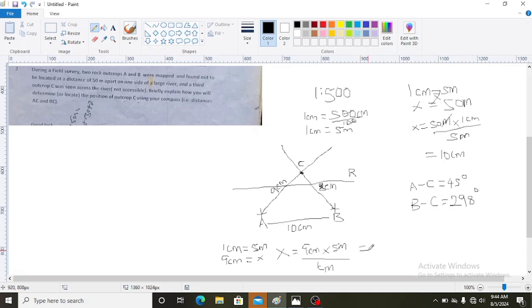Take your calculator: 9 times 5 is 45. So you are having 45 meters, because this centimeter will cancel this centimeter. So you are having 45 meters from A to C. This is the distance A to C.